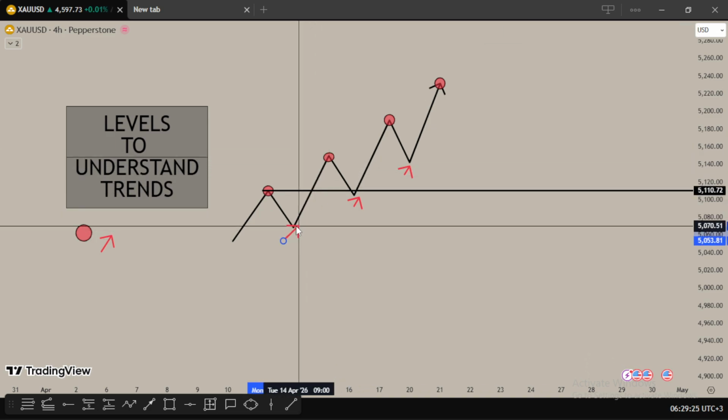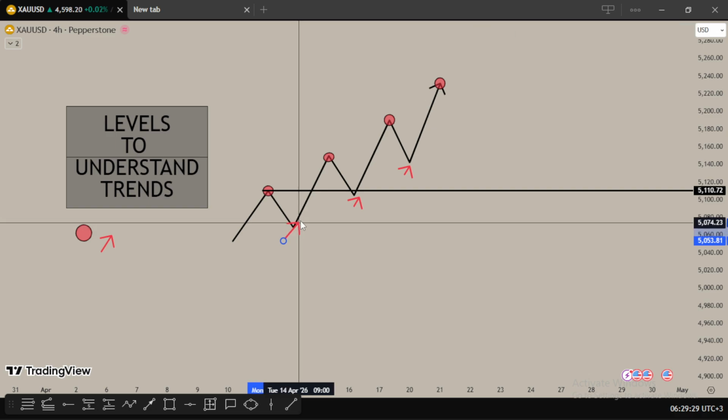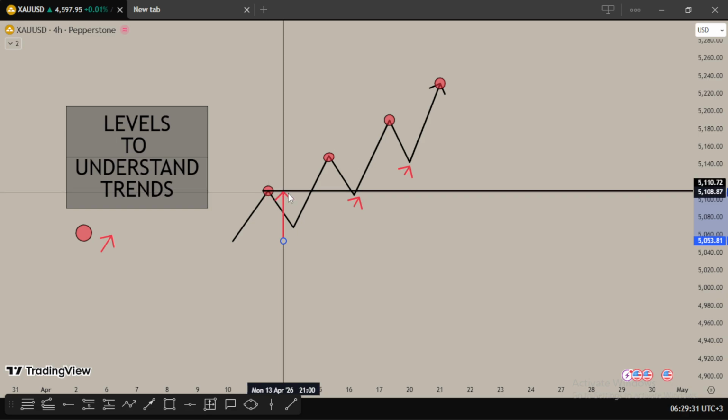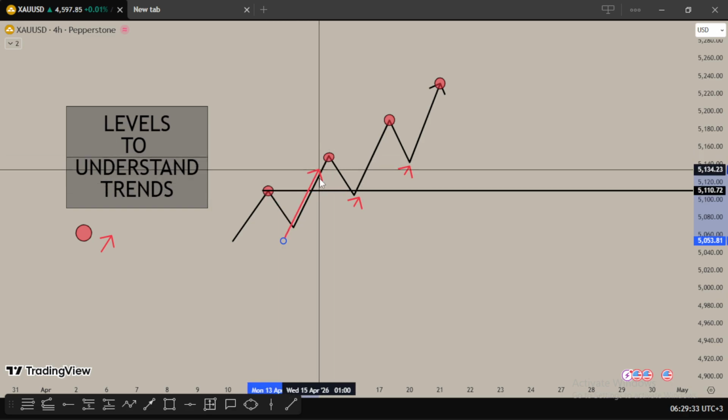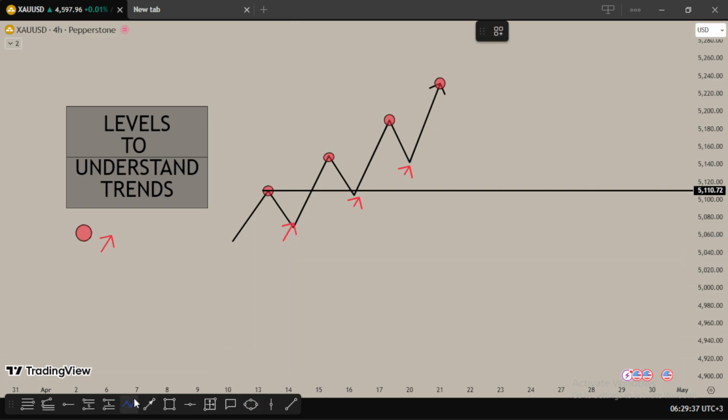You can clearly see buyers entered heavily in this level to push price above the sellers, to break above the level of sellers. Then the sellers came into the picture and pushed price back to the level where they were. This is what happens in the market.